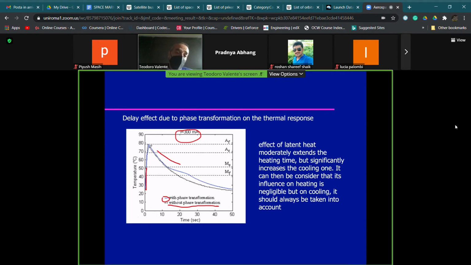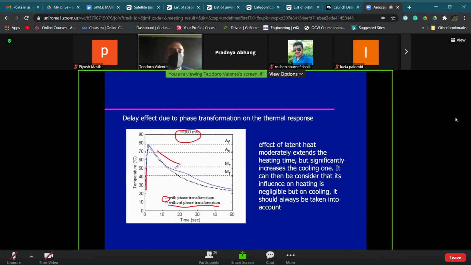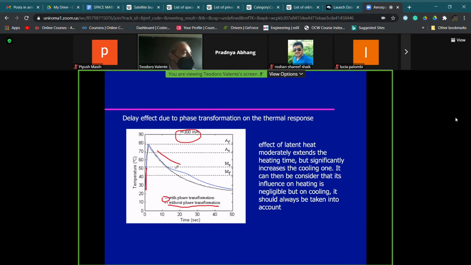As you can see, this introduction of the latent energy, generally speaking, does not modify too much the results which are obtained. If we want to be a little bit more precise, we can say that they are essentially negligible during the heating phase. You can see that the two curves are essentially the same. There are some differences during the cooling phase.